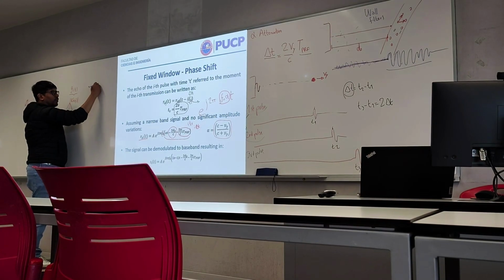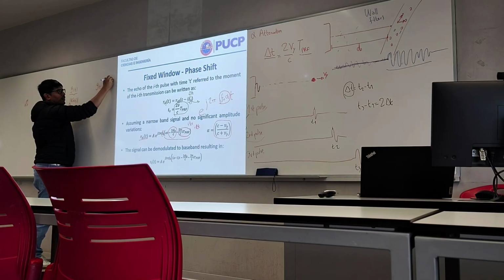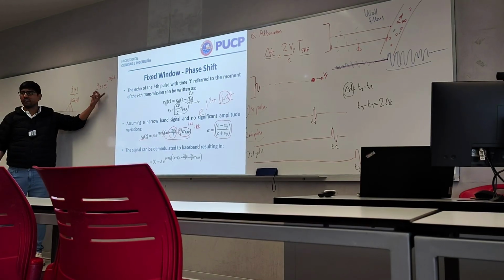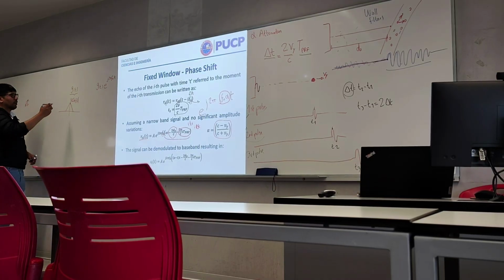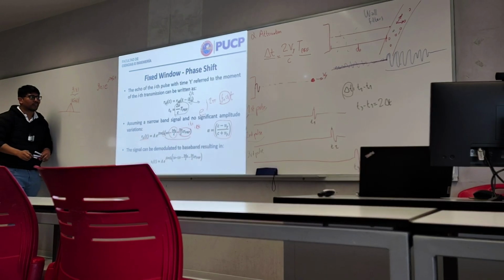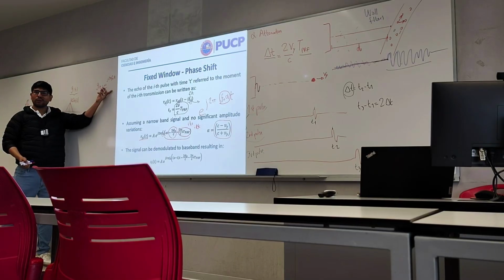What is the Fourier transform if I multiply this by this product? What is the Fourier transform of this expression? What is the difference between this and this? Basically, it's multiplying some signal by a complex exponential.